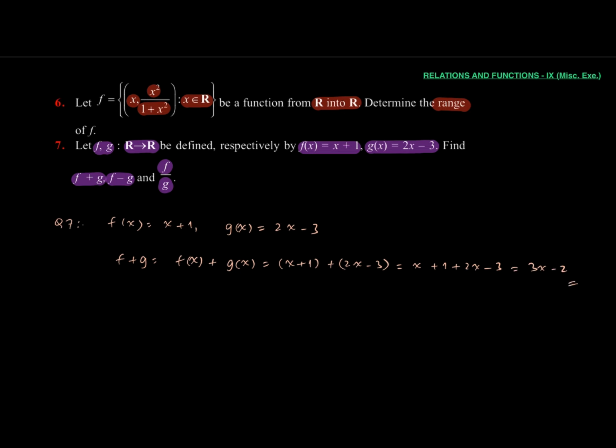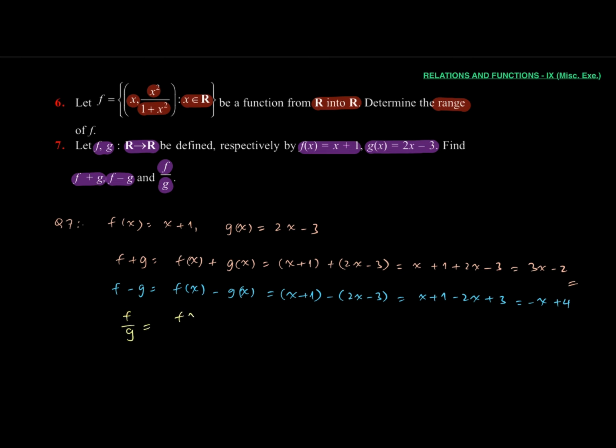So this is our f + g. Now what will be f − g? This will be equal to f(x) − g(x), and that will be equal to x + 1 − (2x − 3). That will be equal to x + 1 − 2x + 3, and this will be equal to −x + 4.